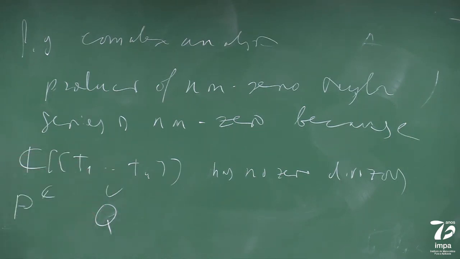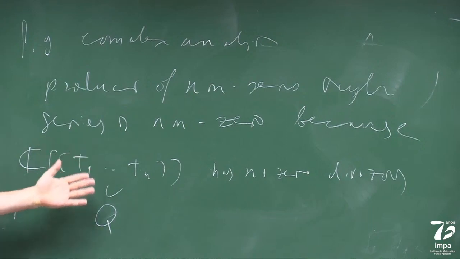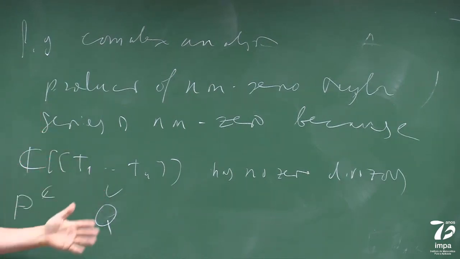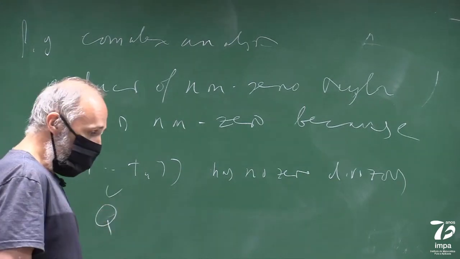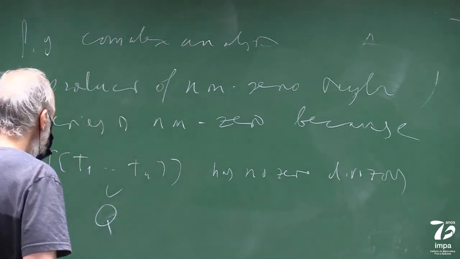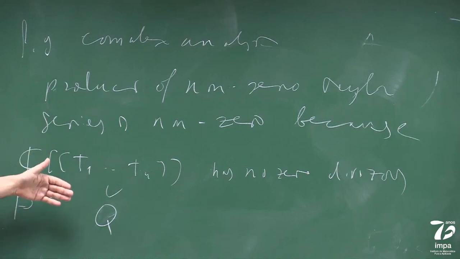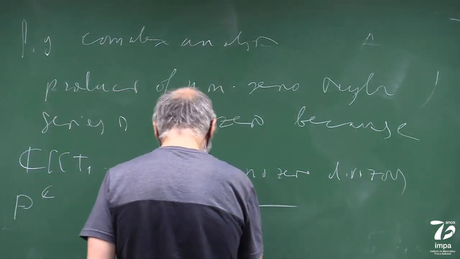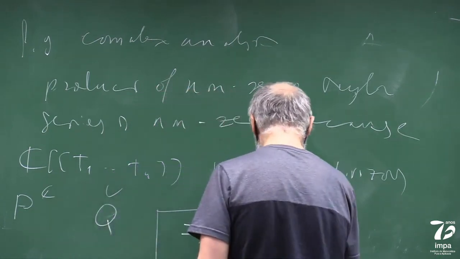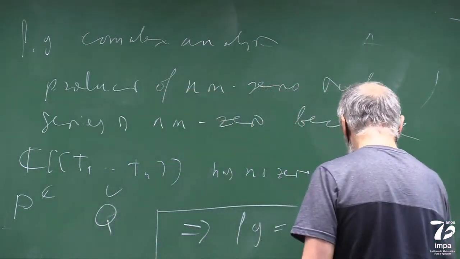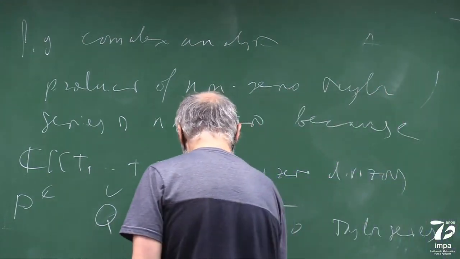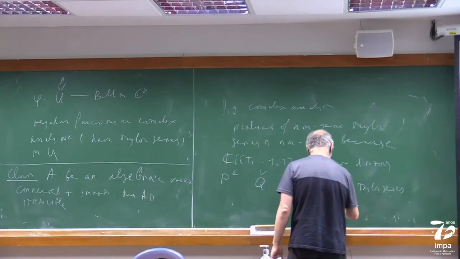But if the smallest degree ones are non-zero, then the product is non-zero, and the smallest degree parts are polynomials. You just multiply polynomials, and you obtain that this ring has no zero divisors. And then your Taylor series are embedded into that. This implies that if fg is equal to 0, then the Taylor series for f or g vanishes.